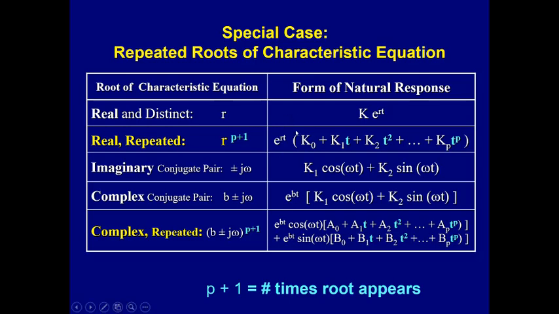What we get then is still our familiar e to the rt times a constant, but the second root would generate an e to the rt times another constant times a t term. So we would still get two natural response terms from our two repeated roots. One would be with just a constant, one would be a constant times t out in front.